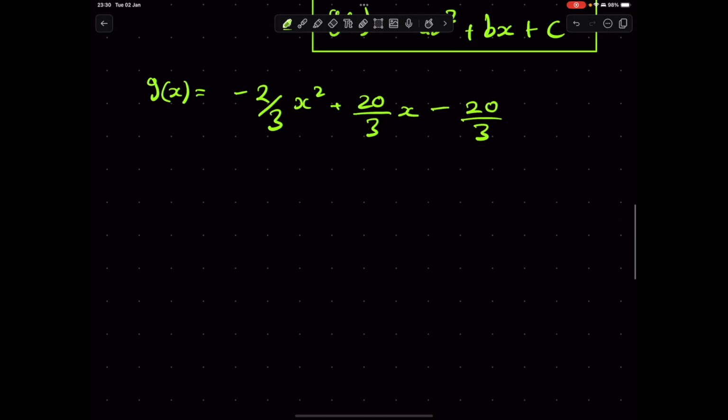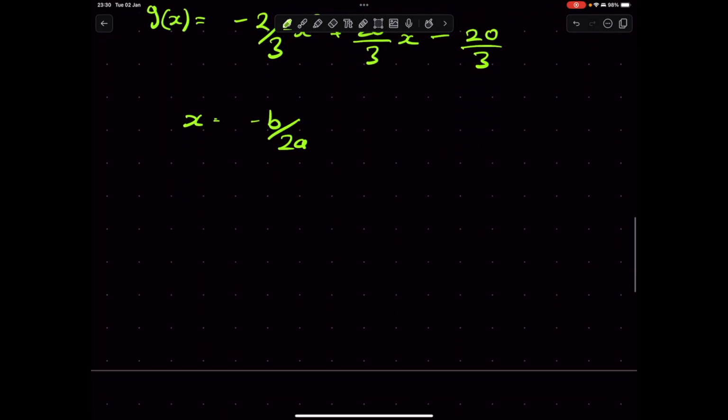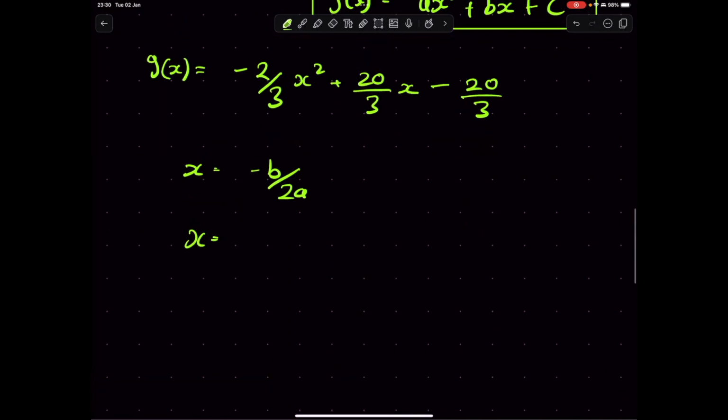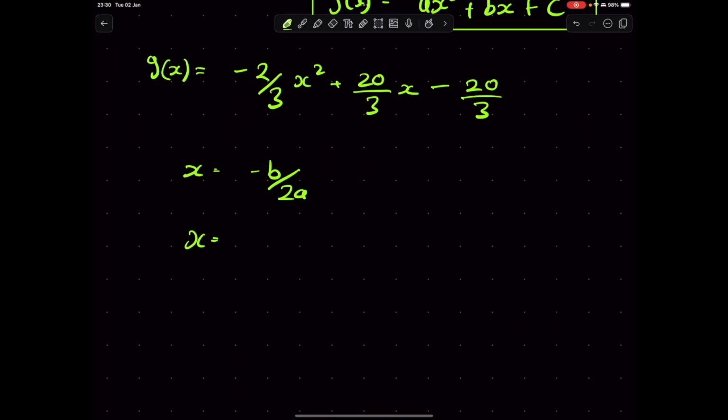So now we can apply this equation, x is equal to minus b over 2a. Now, the value of b is this guy, the 20 over 3.